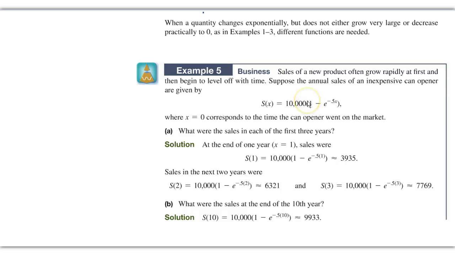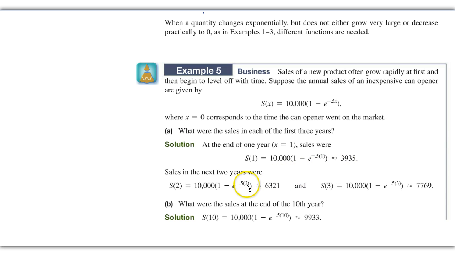So a little bit tricky putting that into your calculator, but hopefully following through. What were the sales of the first 3 years? Well, here of course x will be 1, and then doing so you get this.